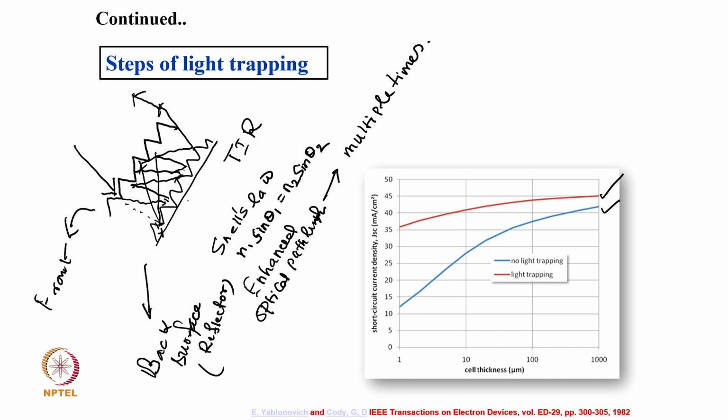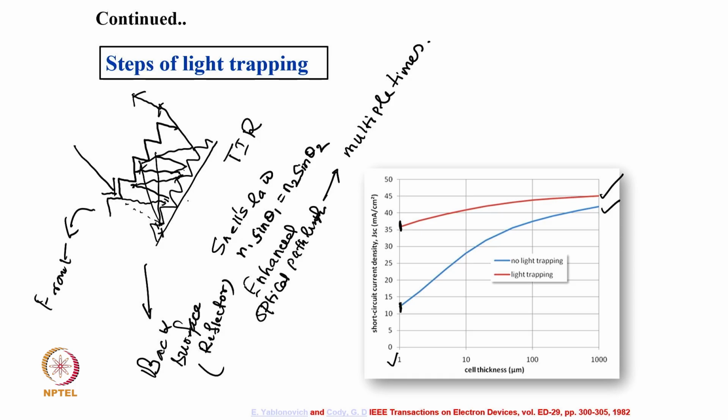So there is a quite large enhancement of the current. If you take a thin solar cell of say 1 micrometer, without texturing you have around 10 to 12 milliampere per centimeter square short circuit current density, whereas with texturing for 1 micrometer thickness you have 35 or above milliampere per centimeter square.